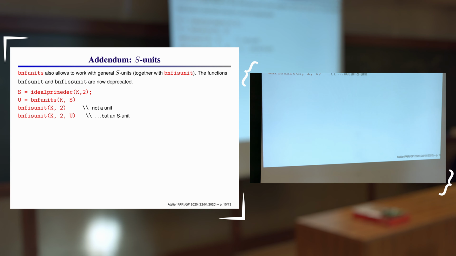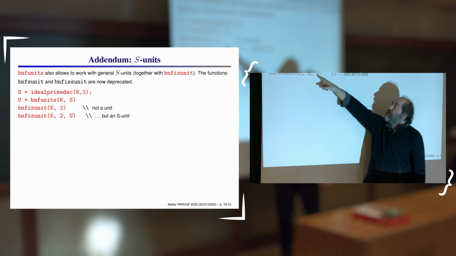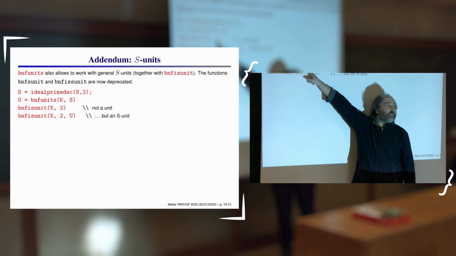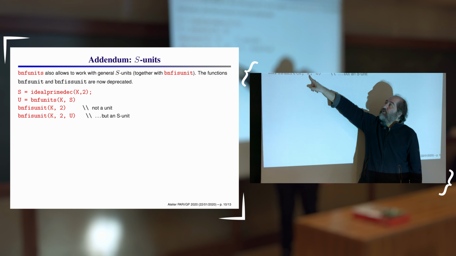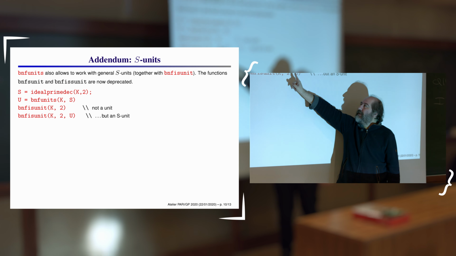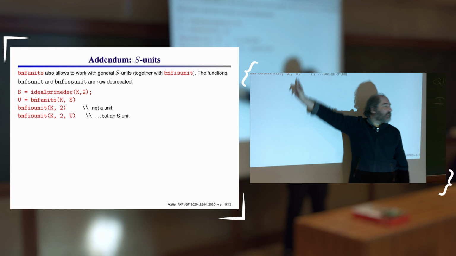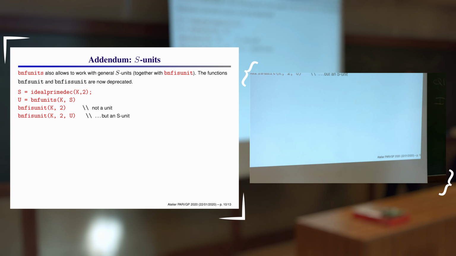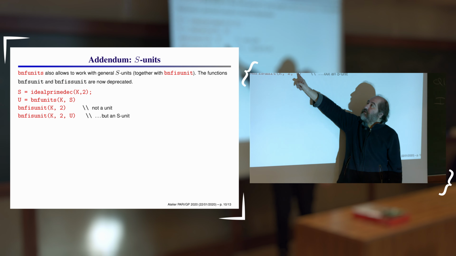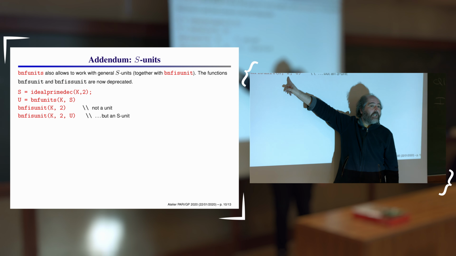You have this U group that allows you to ask whether something is a unit here. Is 2 a unit? The answer is no. And if I want to express 2, which I know is a 2 unit, essentially by definition, in terms of the generators that are stored in U, in terms of the ones that are implicit in this representation, I can get it just by adding this U argument to BNF is unit.